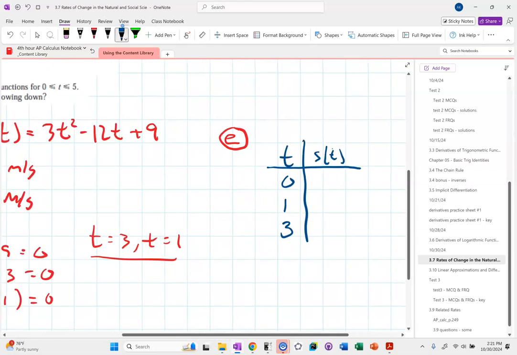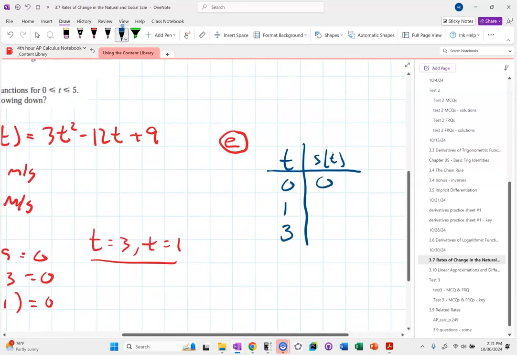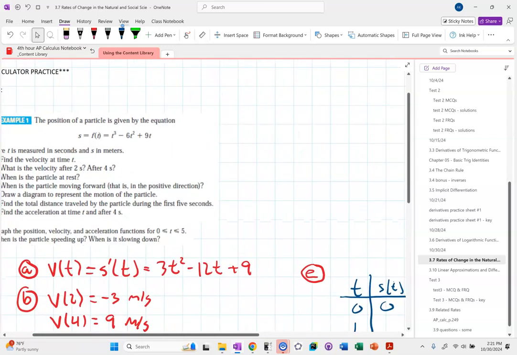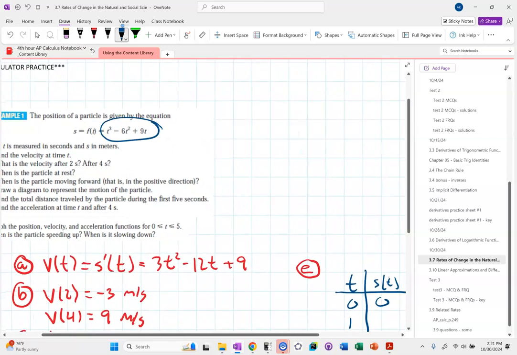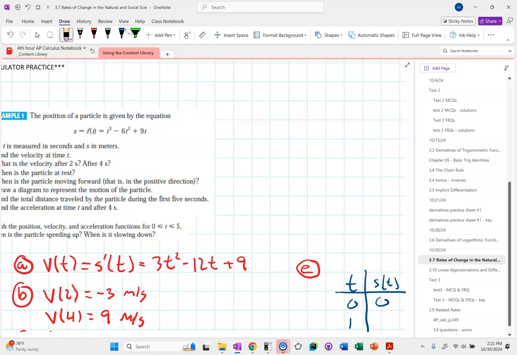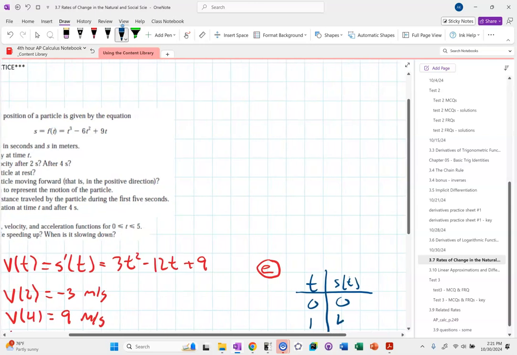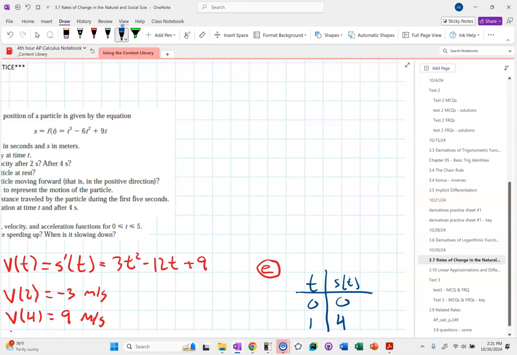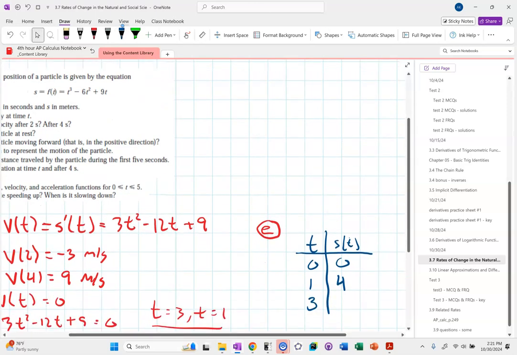When I plug 0 in for position, I get 0, right? When I plug 1 in for position, I get 4, right? And when I plug 3 in, I get 27 minus 54 plus 27. That's position 0 again.